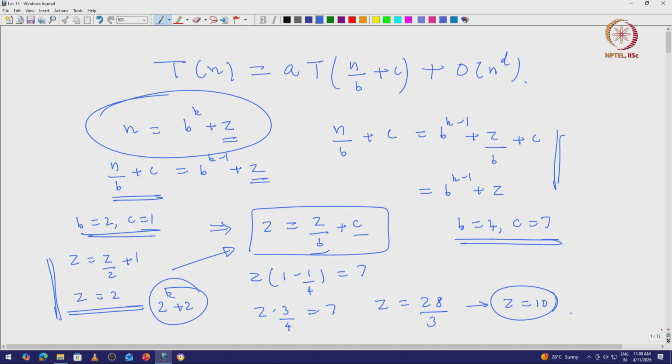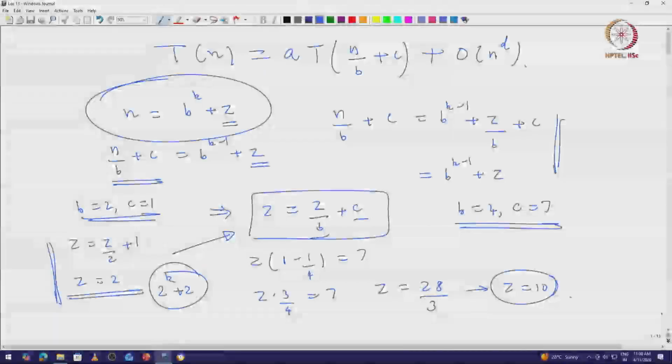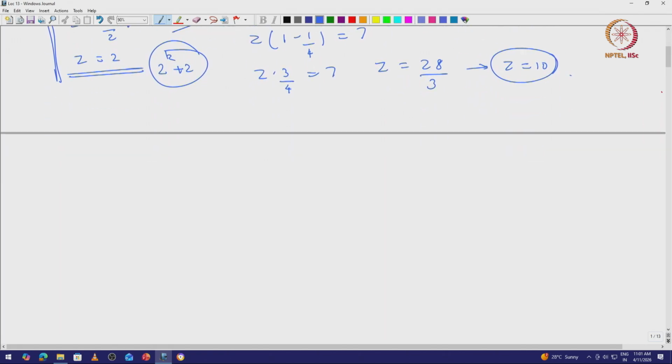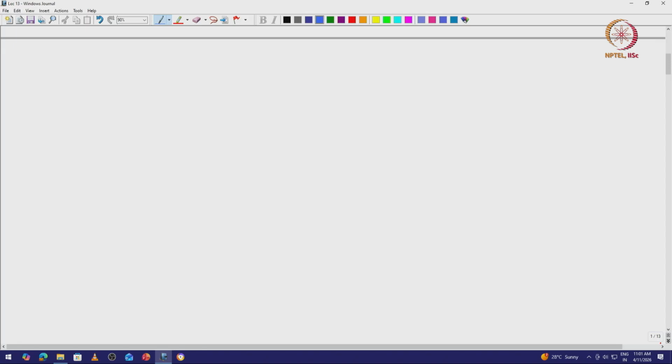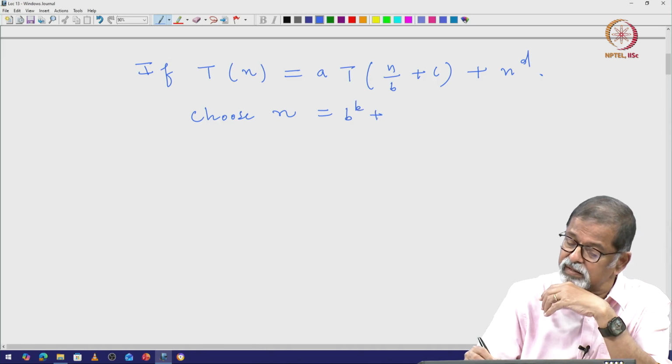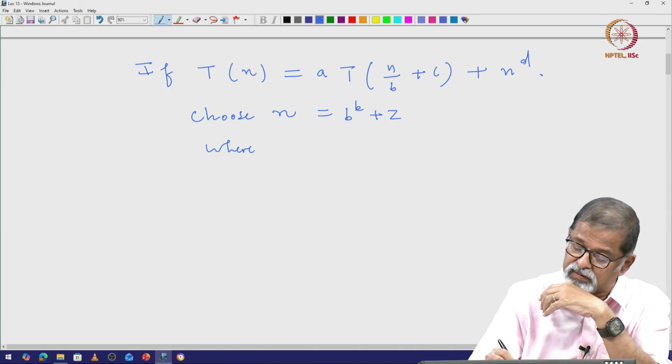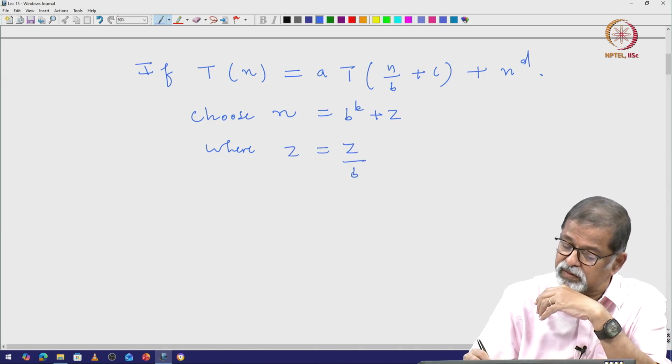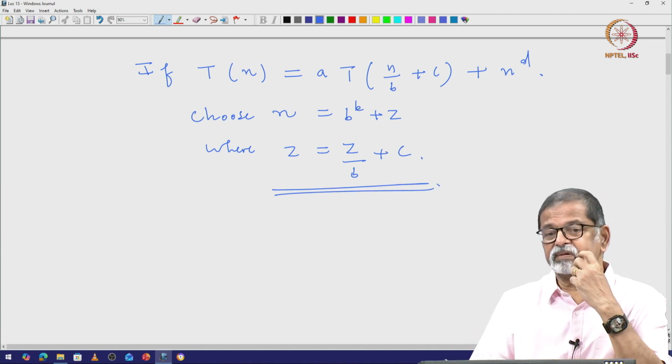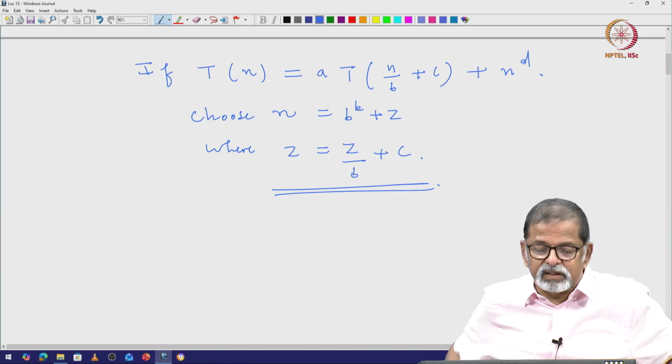So, summarizing, if T of n is A times T of n by B plus C plus n power D, choose n of the form B power k plus Z, where Z equal to Z by B plus C, an integer satisfying this, then it works.